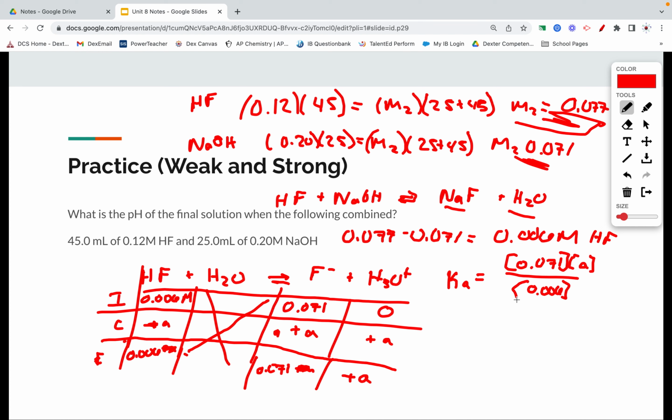So we are missing one thing, and that is our Ka value. That looked up is 6.6 times 10 to the negative 4. And so we solve for A. A is going to be 5.07 times 10 to the negative 5, which is equal to the concentration of H3O.